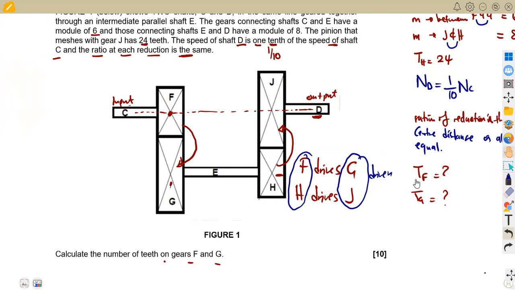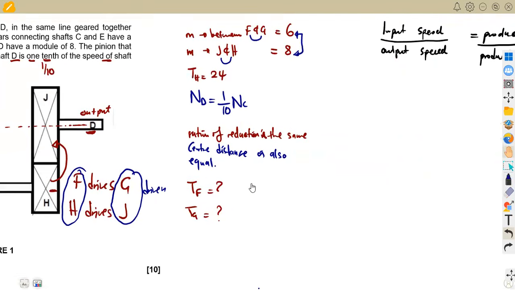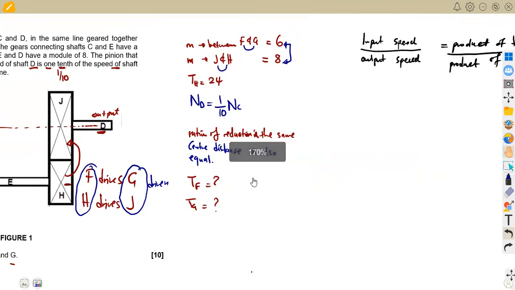On the driven, we are going to consider our formula, because we remember we are saying the input speed.